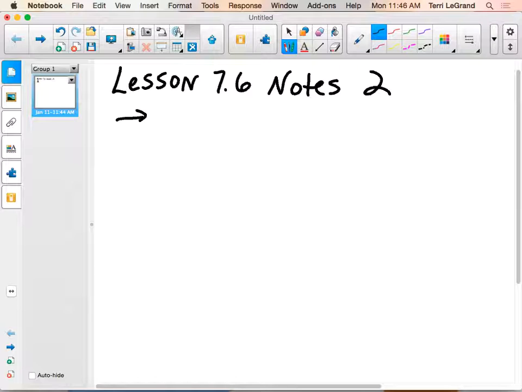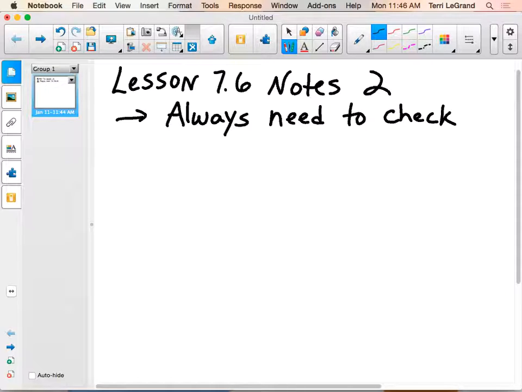Okay. So what's going to happen today that didn't necessarily happen on the problems on Friday? I want you to add this little note. Always need to check if factors, so in other words, you're factoring, you get these factors, and this is even after you GCF. On Friday, we factored the factor that the GCF left for us.